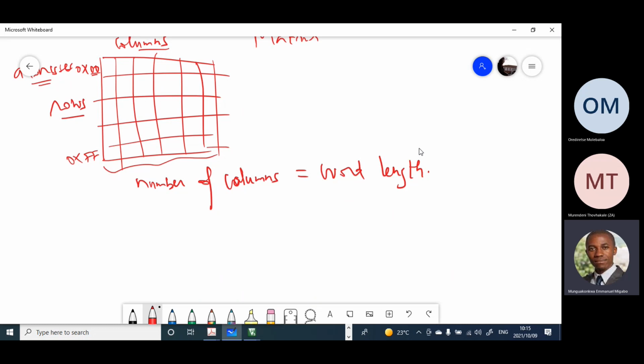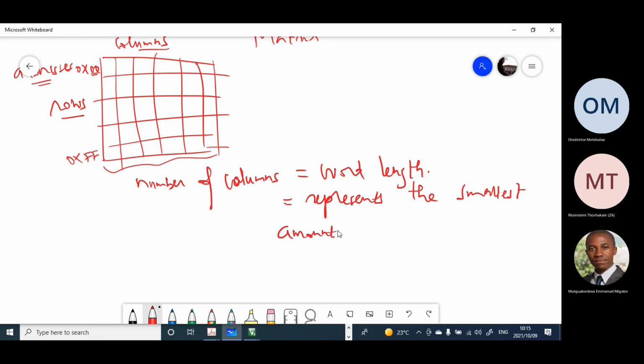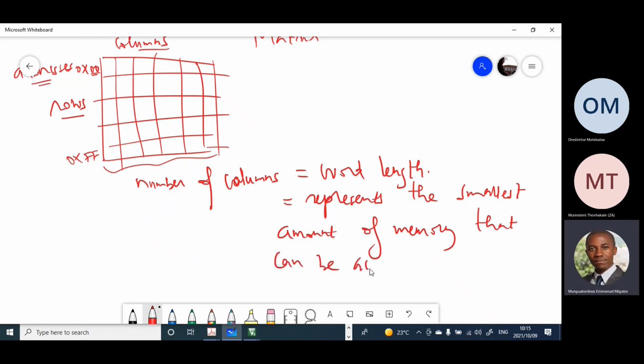And the word length represents the smallest amount of memory that can be accessed at once.